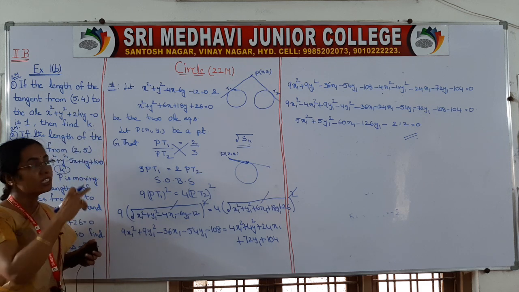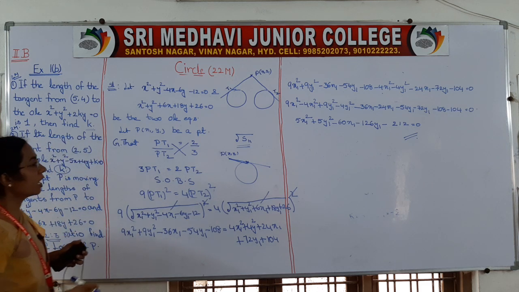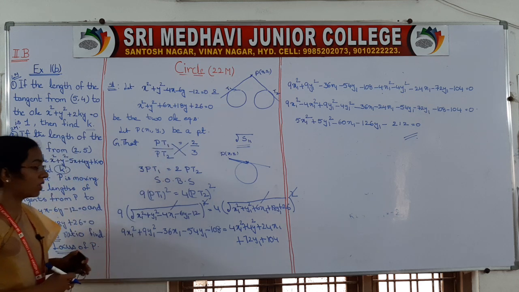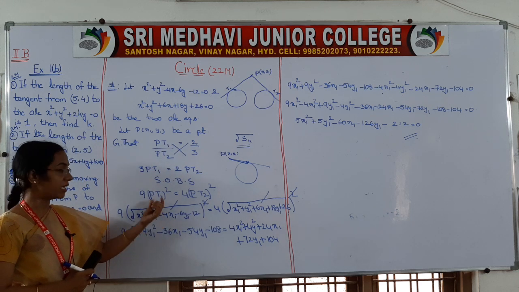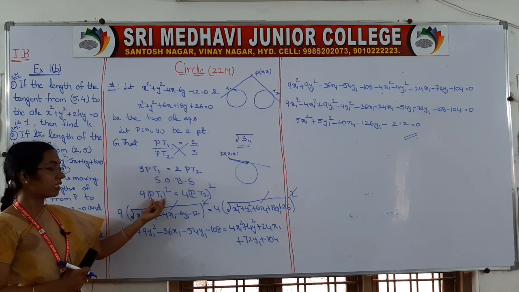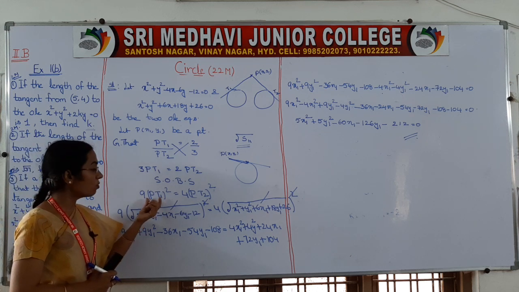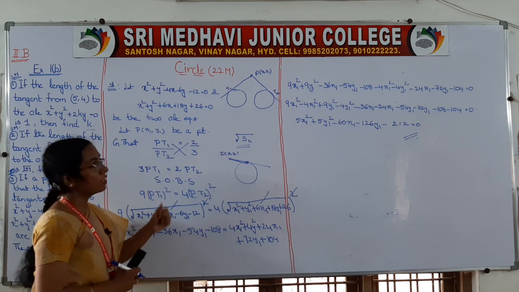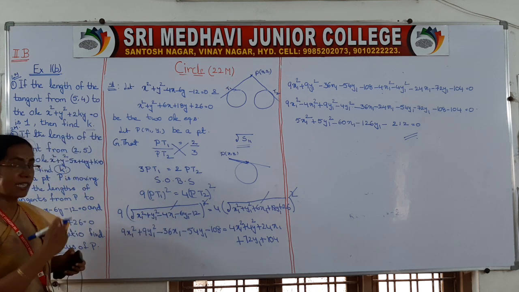After that, just cross multiply, and the length of the tangent formula is root S11. That formula is applied here. PT1 is the length of the tangent from P to the first circle and PT2 is the length of the tangent from the point to the second circle.